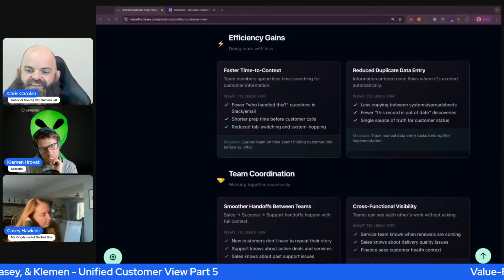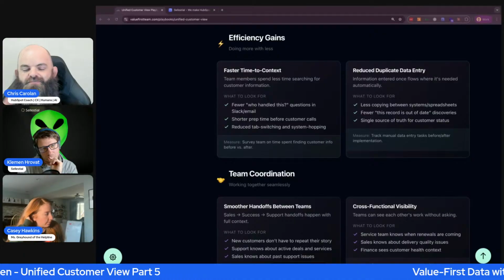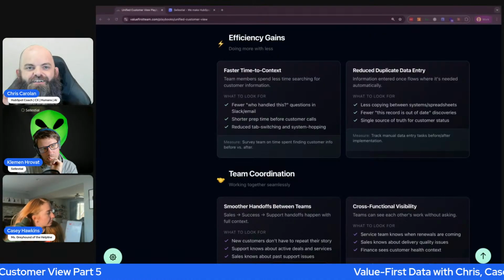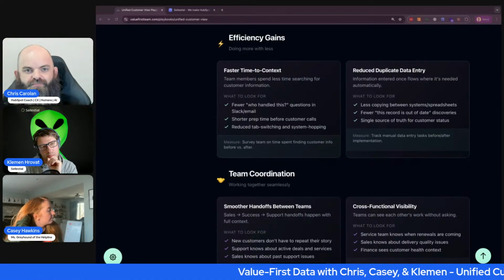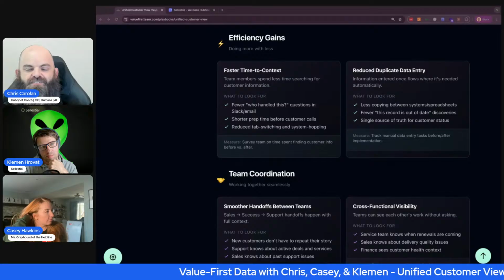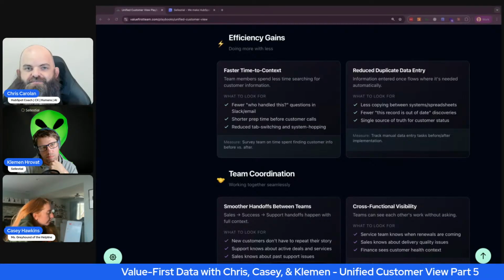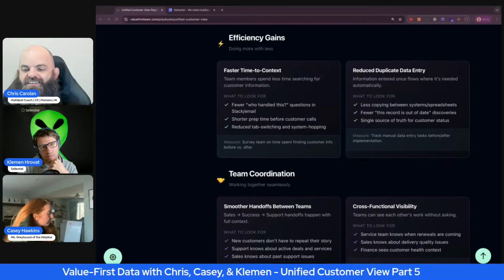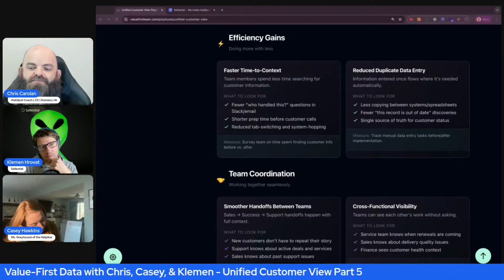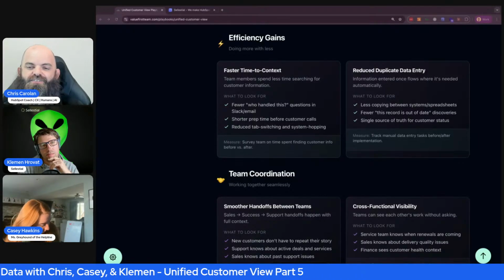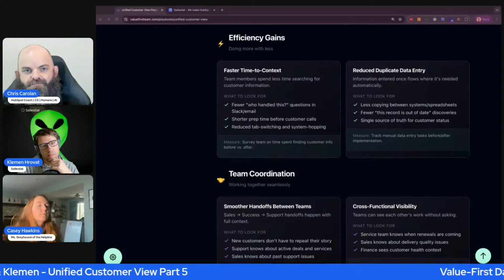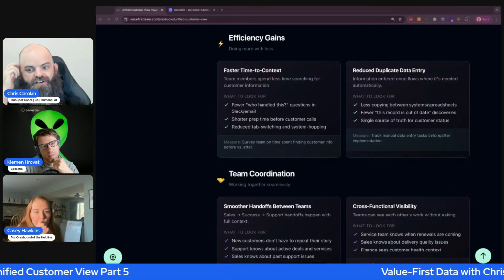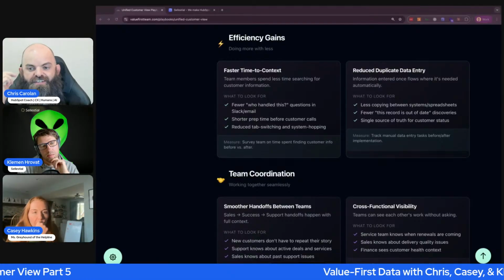Like, if we had our way, they would all be using HubSpot for everything. But when they're not, like if accounting is still in the accounting system, that's their source of truth, whether we like it or not. So try to avoid single source of truth conversations where it's this system versus that system, because that's often where you'll get in trouble.